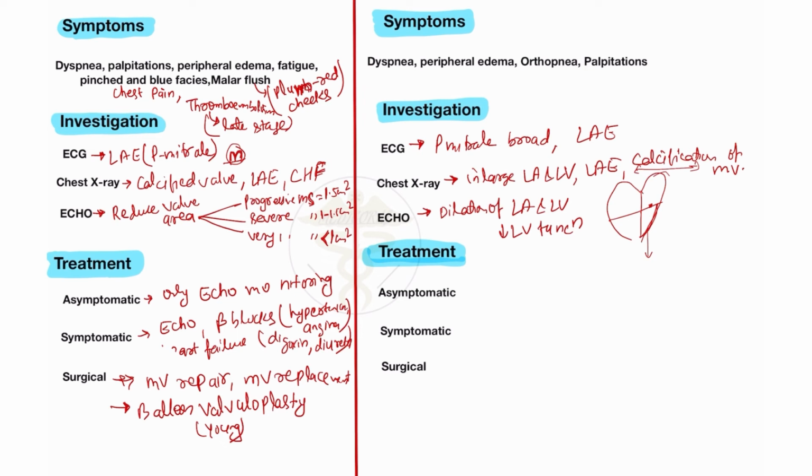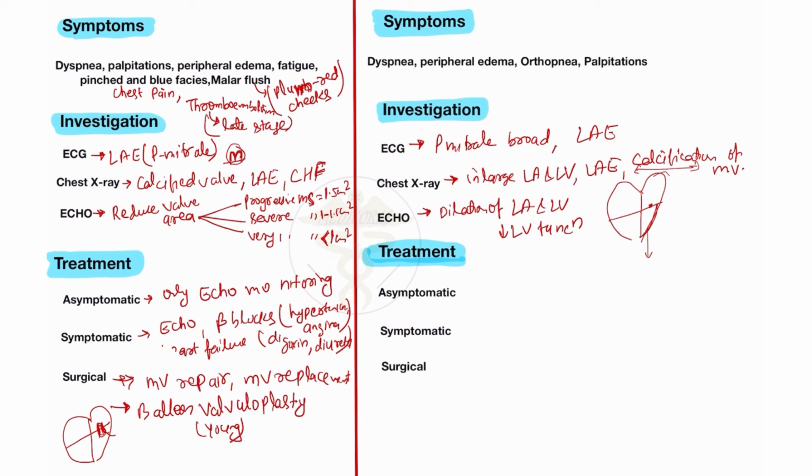So when we provide balloon valvuloplasty, where the space is less, I will make a diagram, then you will understand very clearly. When you see less space, meaning a narrow area, then when balloon valvotomy occurs, it's called dilation of the area, which causes an increase in the surface area.